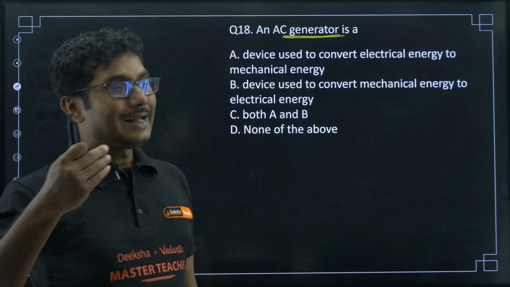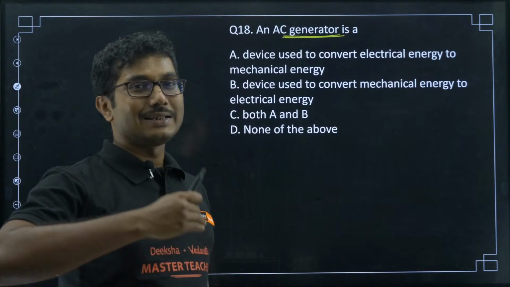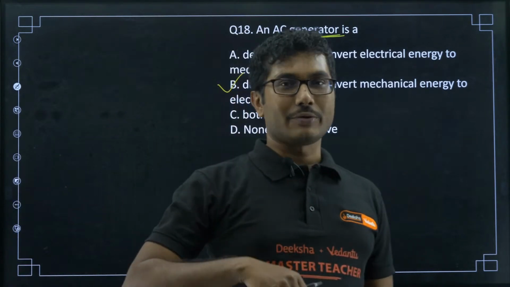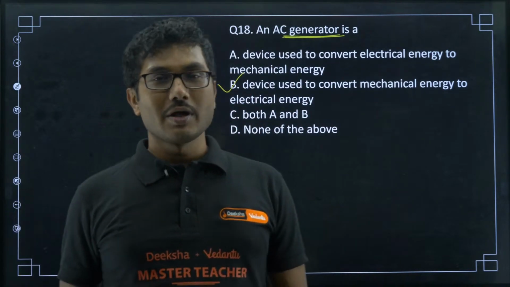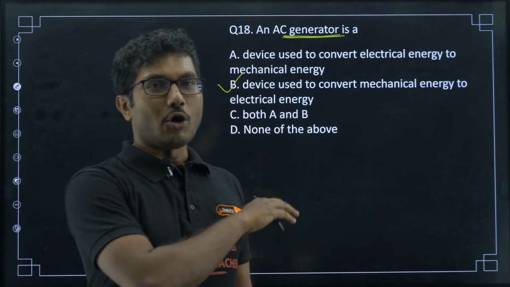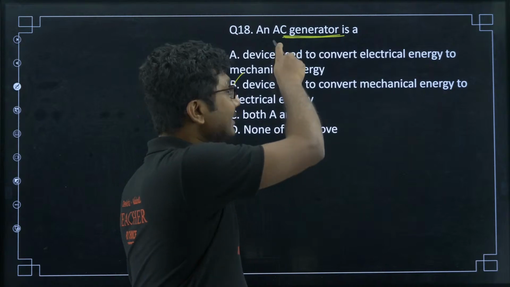So, basically AC generator is something which converts mechanical energy to electrical energy. All our power basically comes from this fact. You may have heard about hydroelectric power, coal power or wind turbines. All the power that we receive in our household is basically produced by an AC generator.